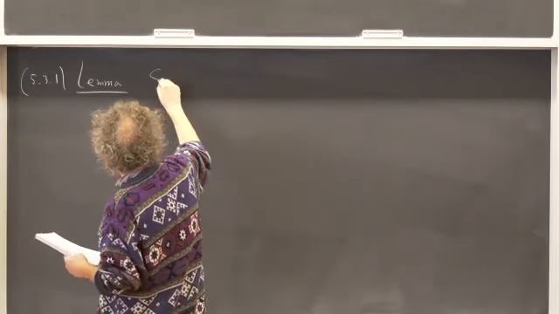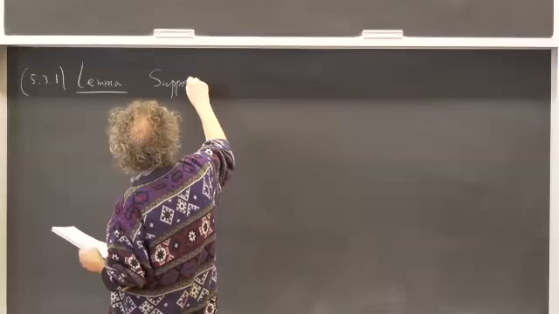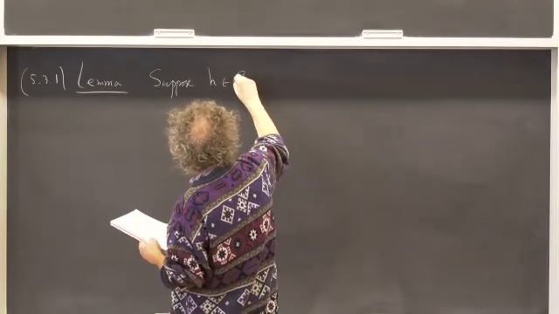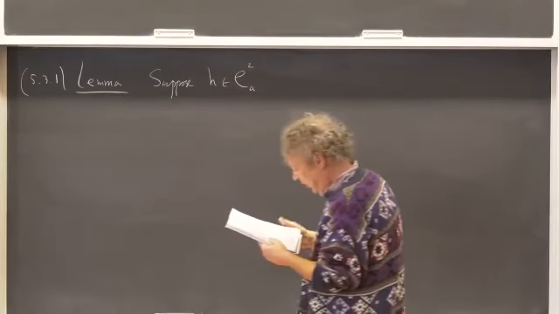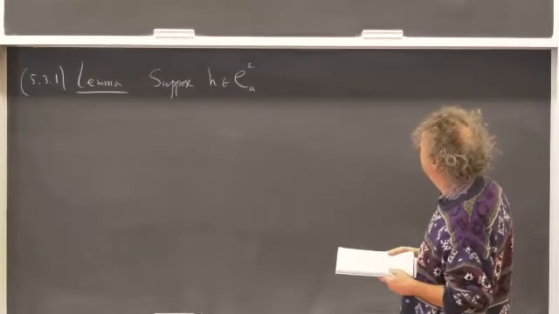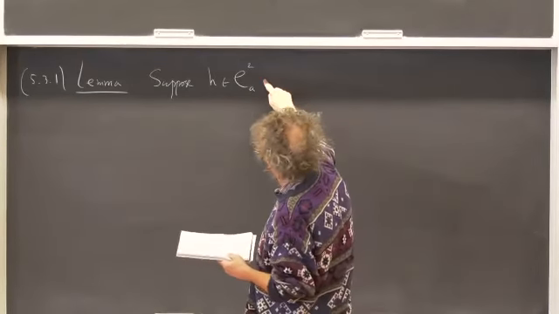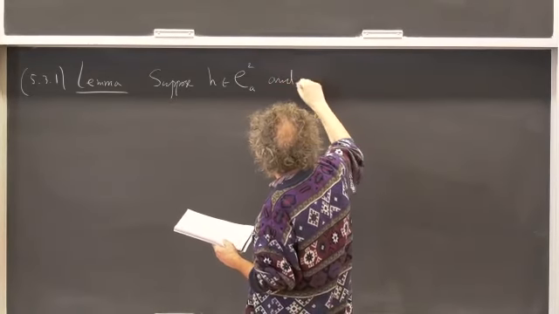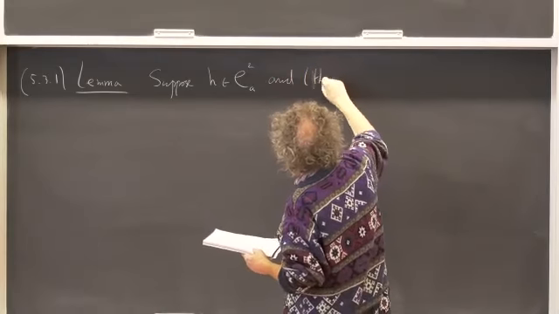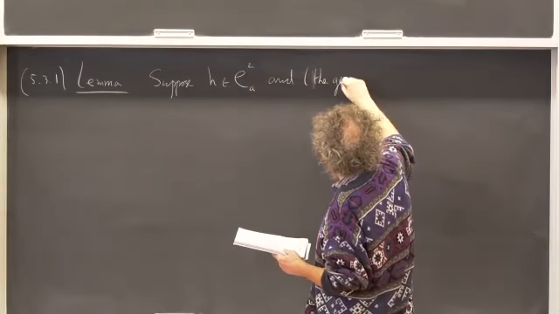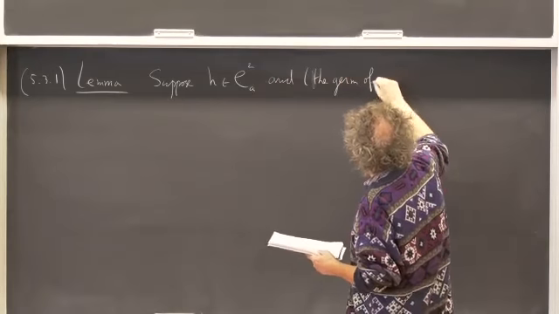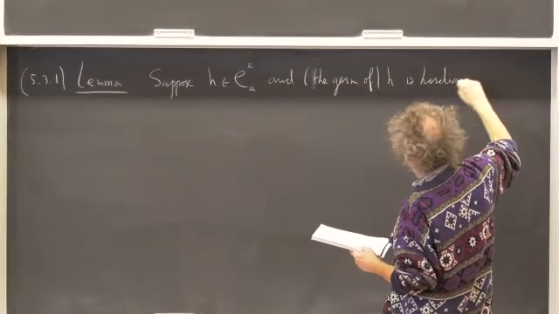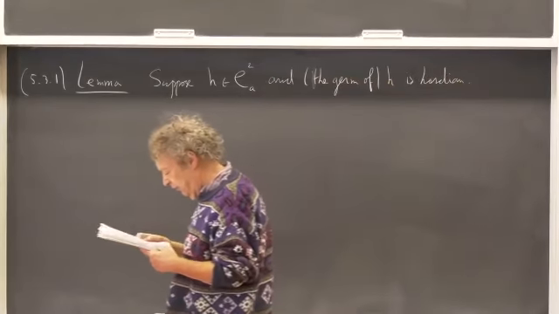Lemma 5.3.1. Suppose you have a twice continuously differentiable germ h, and its germ is Hardian. When I say h is Hardian, I really mean, of course, the germ of h is Hardian. In other words, it is an element of some Hardy field. It doesn't matter which one for the moment.